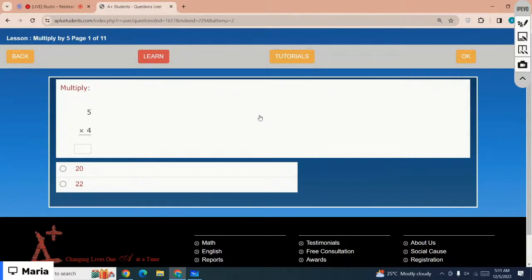Which is the correct option? Yes, 4 times 5 or 5 times 4, they both are exactly equal, right? The correct option is 20.